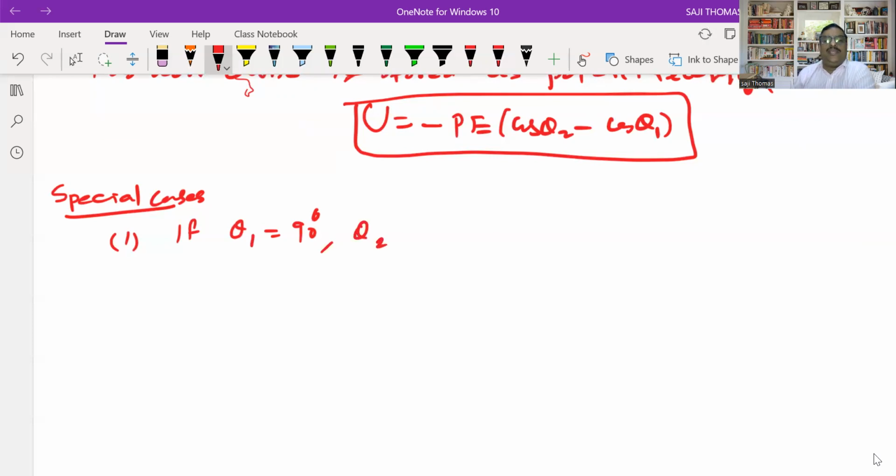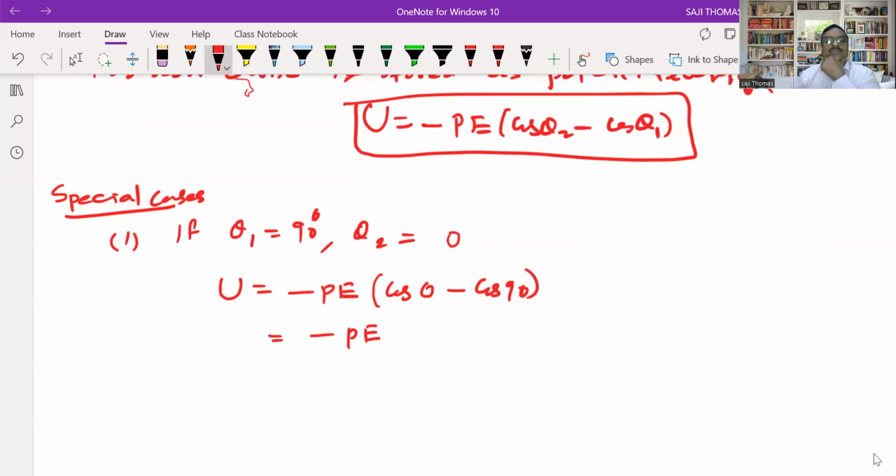And theta 2 is 0. Then what will be the work done? Potential energy is minus P E into cos theta 2, 0, minus cos 90. It will be minus P E only, because cos 0 is 1, cos 90 is 0.